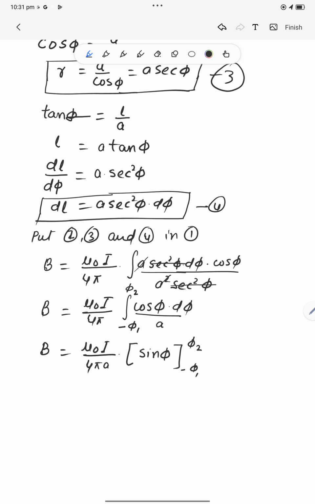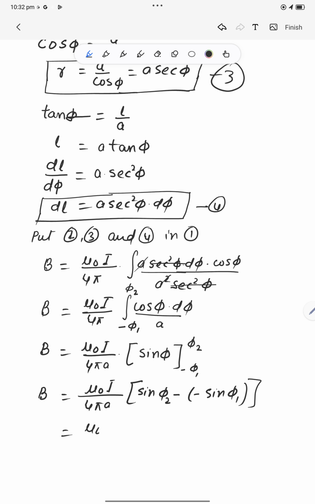Now this B will be equal to mu naught I by 4 pi a, sin phi 2 minus sin phi 1, because sine of minus phi 1 will be equal to minus of sin phi 1.